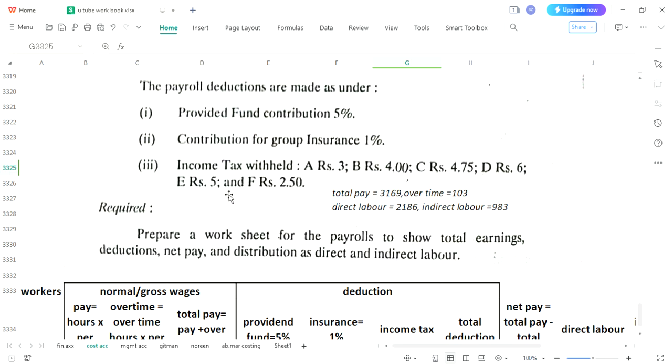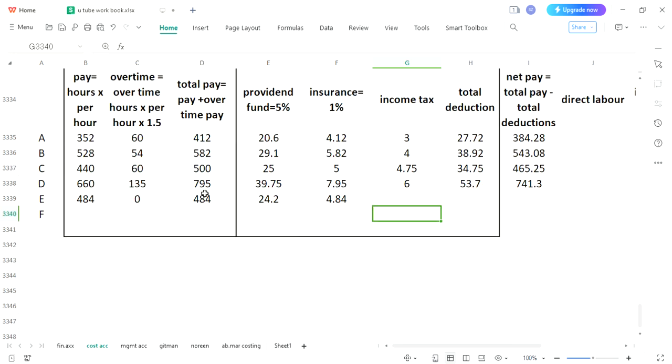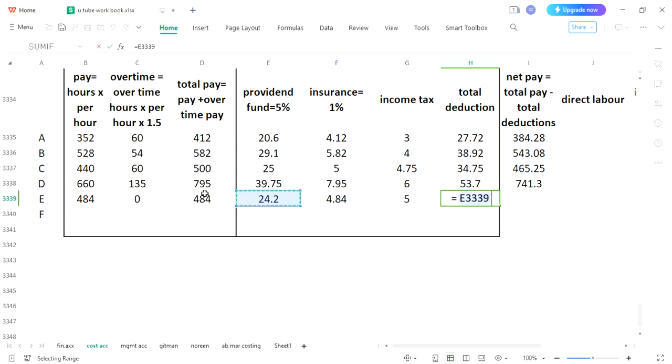Income tax for E is 5. Put 5. Now total deduction, how will you calculate? First deduction provident fund, then insurance, and then income tax. Total deductions arrived. Now net pay: we have gross payment, subtract total deductions. Net pay has also arrived.